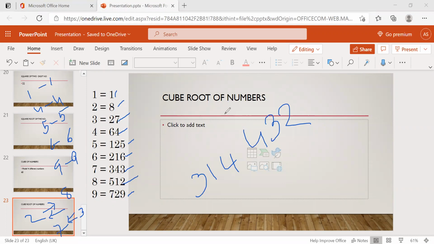Now divide into 3 digits because it's a cube root. Here 3, here 3. Now check the last number 2. It means either 8 or 2 we will get. Now check this number. What's the nearby value? 314 is nearby 216, and 216 is the cube of 6.